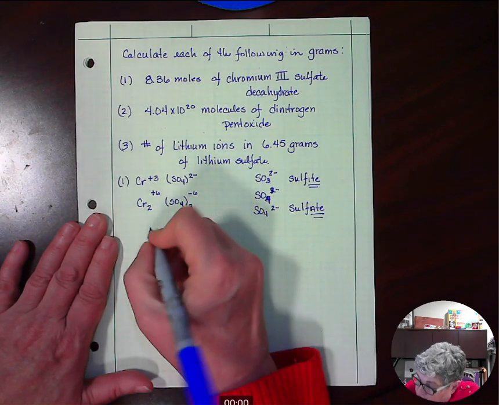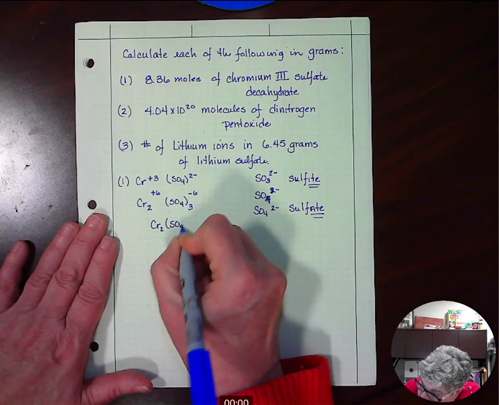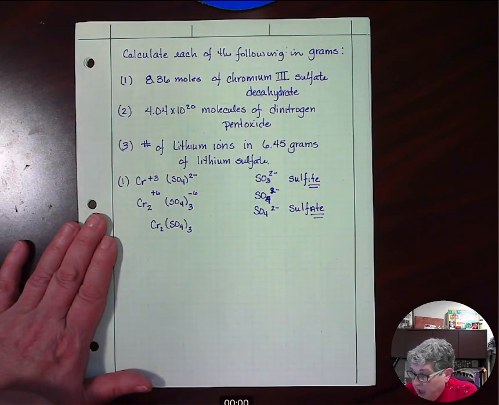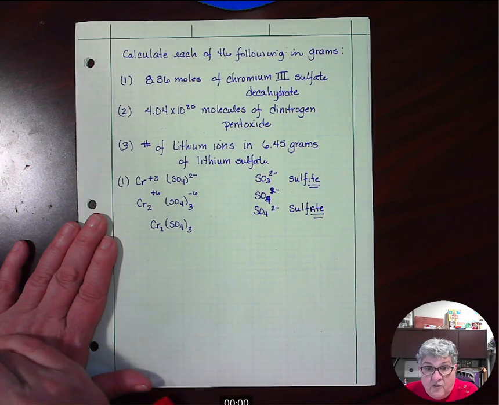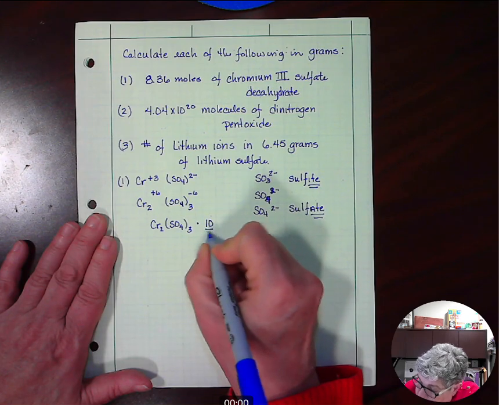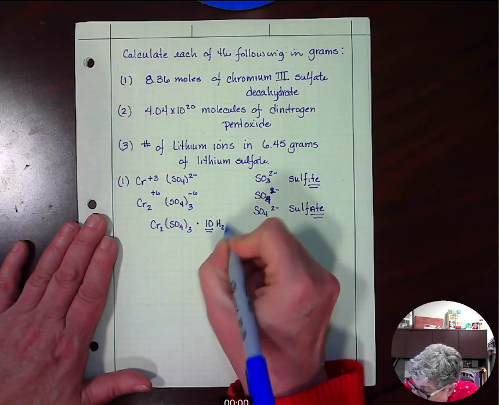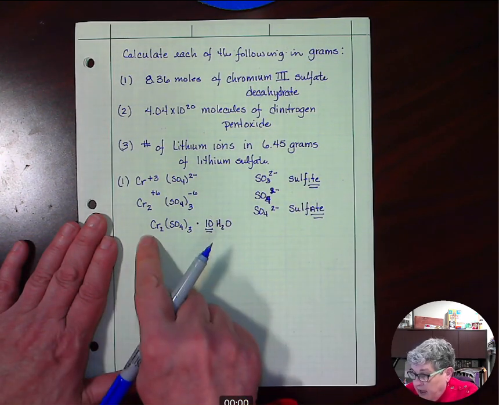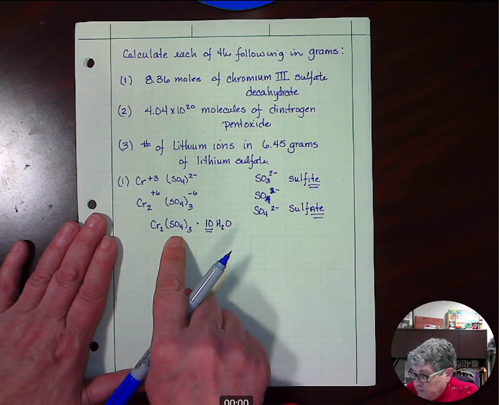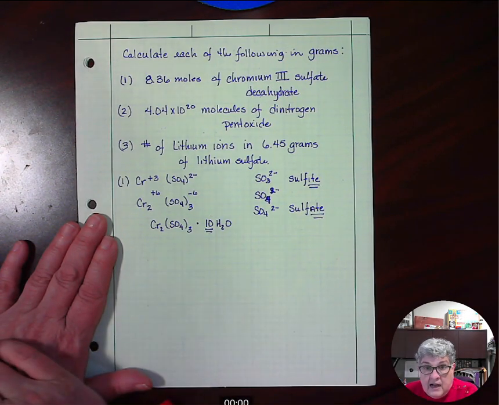And so now I have a net neutral, and that gives me this right here in terms of my chromium 3 sulfate. But then our problem says it's got a decahydrate. So this is going to mean I've got 10, because deca means 10, and I have water, H2O. So now I have chromium 3 sulfate decahydrate.